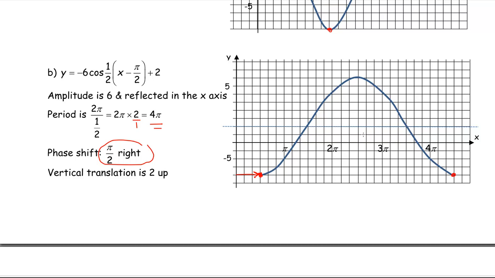So at 2.5 pi, we'll actually be 1, 2, 3, 4, 5, 6 above. So there's the maximum point. Halfway between here and here, that's where it crosses the horizontal axis in the middle. So we would put a point there and a point there, and then we could draw our cosine shape. Okay, so that's what it would look like.